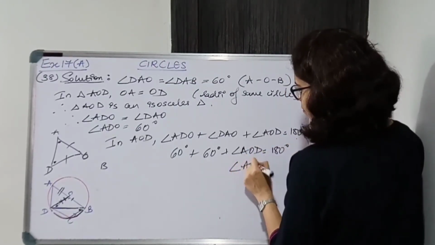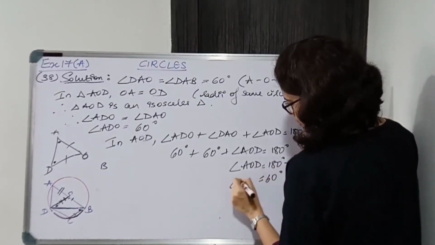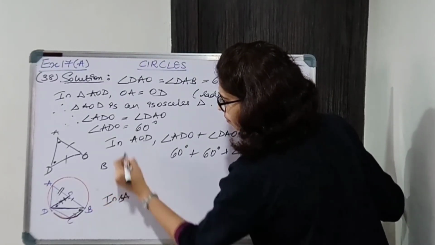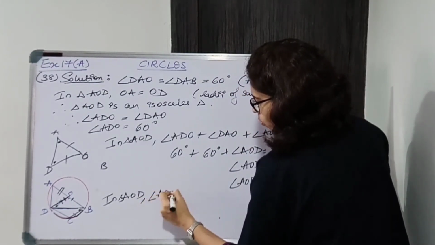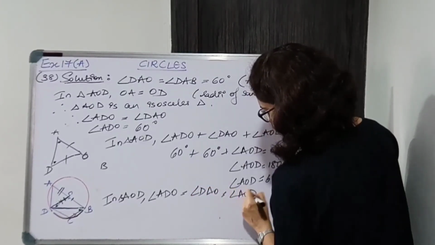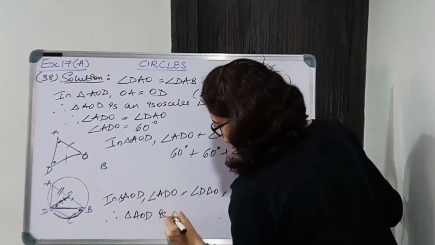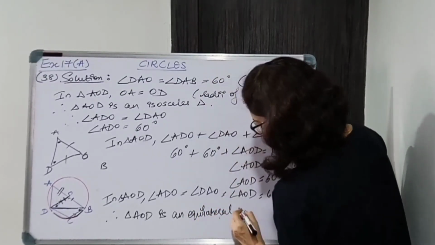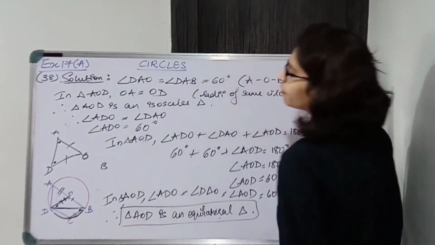So angle AOD is 180 minus 120. So in triangle AOD, angle ADO is equal to angle DAO is equal to angle AOD is equal to 60 degrees. Therefore triangle AOD is an equilateral triangle. Write down full word. Hence proved.